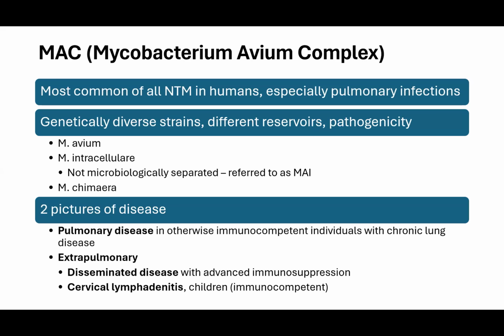You'll see either pulmonary disease in an otherwise immunocompetent individual who has underlying chronic lung disease like cystic fibrosis or COPD or bronchiectasis, or extrapulmonary disease. And that's when we see disseminated disease with advanced immunosuppression, and then cervical lymphadenitis, which is relatively more common in children, especially under the age of 3, and usually even if they're immunocompetent.